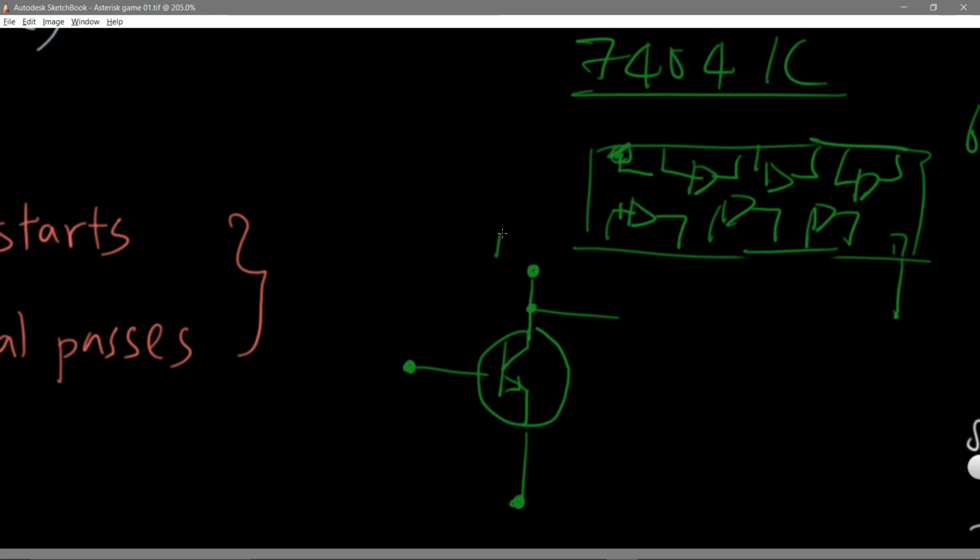This here is the power in. This is the ground. This is your input. This is your output. So this forms the NOT gate.